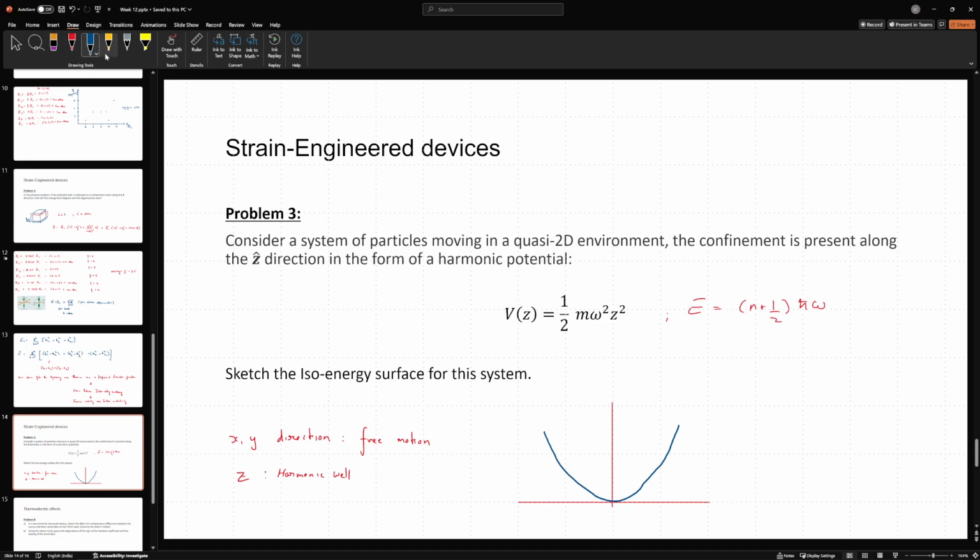I'm not going to go into the solutions or things like that. The wave functions are going to look like this. The ground state wave function is effectively a Gaussian. The first excited level will be an antisymmetric function like this. These wave functions are given by the Hermite polynomials.